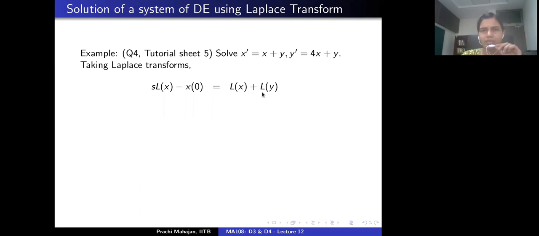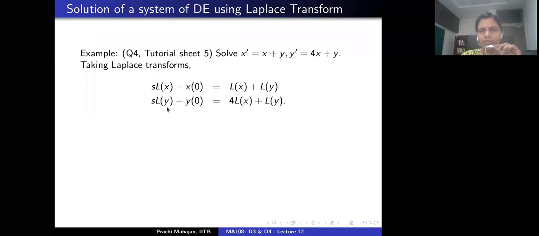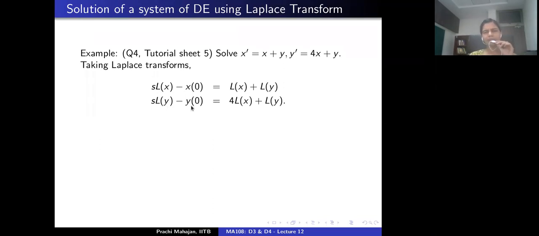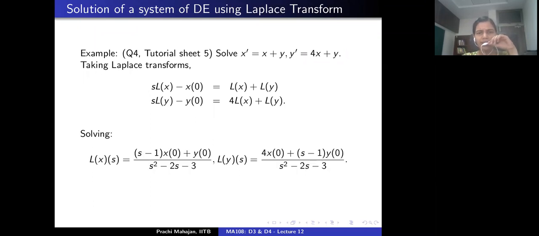And the second equation should be s times the Laplace transform of y minus y evaluated at 0 equals 4 times the Laplace transform of x plus the Laplace transform of y. Again, you solve for the Laplace transforms of x and y, which will lead you to the following.